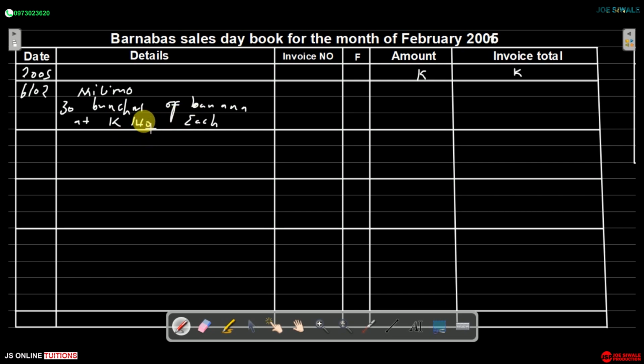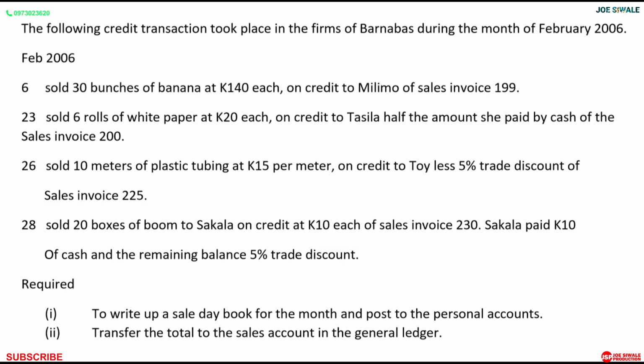And we know that our invoice number is 199. Then the folio there, we're going to say sales ledger. For us to find the total, we're going to say 30 multiplied by 140, so the total we are going to have is 4,200.